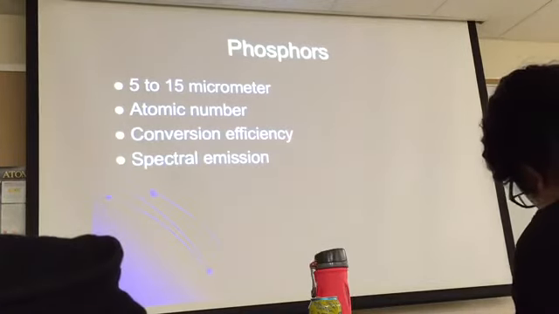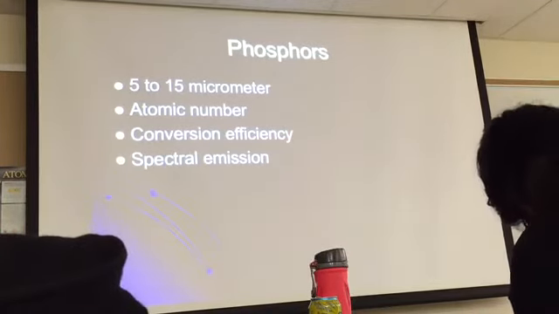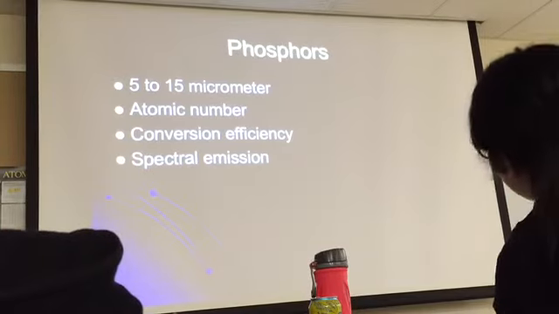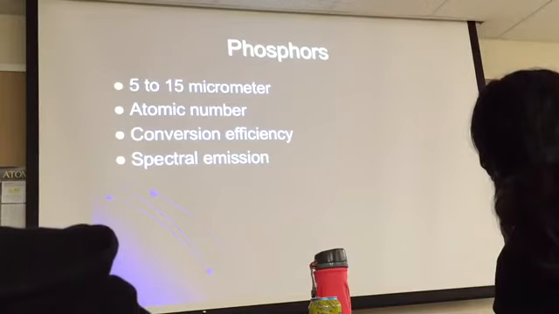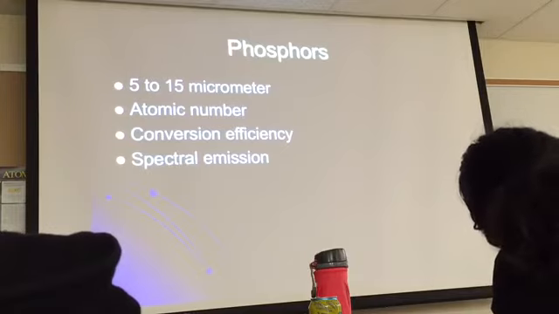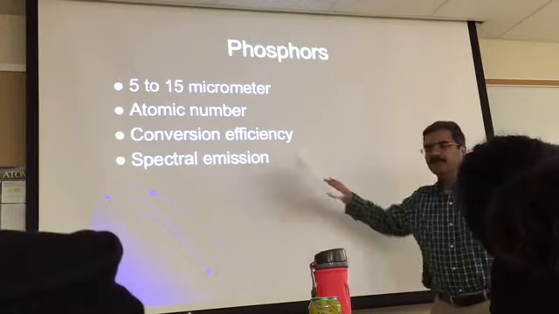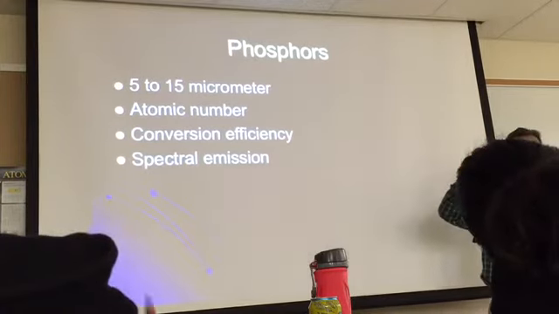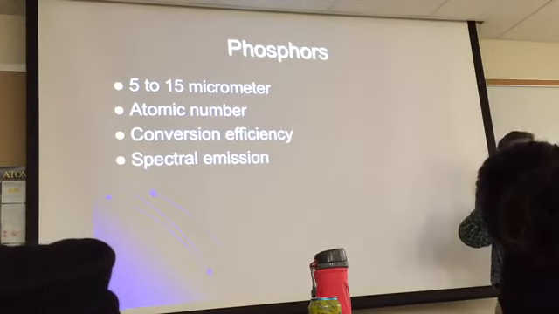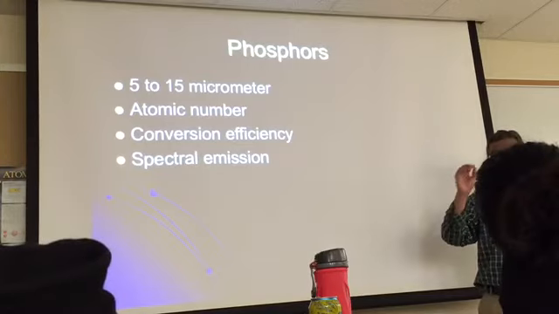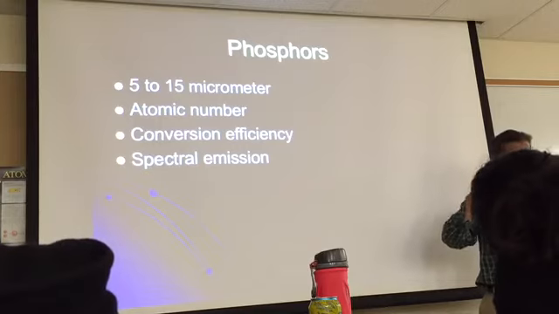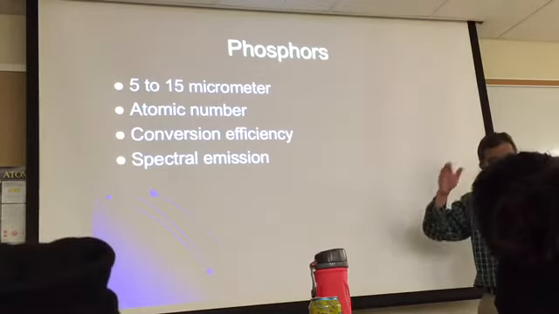Good. The spectral emission is a characteristic. What it's saying is that each phosphor, each element, has a very unique spectral emission. They will emit a very specific color of light with different wavelengths.